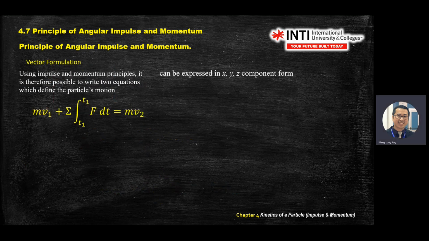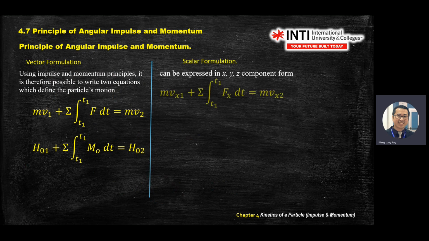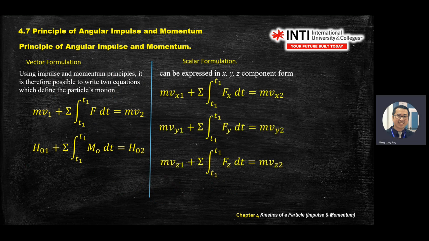Okay, so vectors you can split into x, y, z like previously. You have one set, then split the principle of angular impulse and angular momentum. So in short, we just use the principle of angular impulse and momentum. Momentum here is actually linked to angular, it's not the linear momentum.